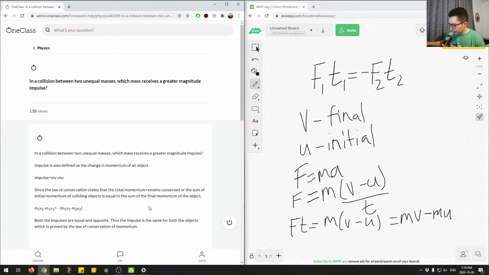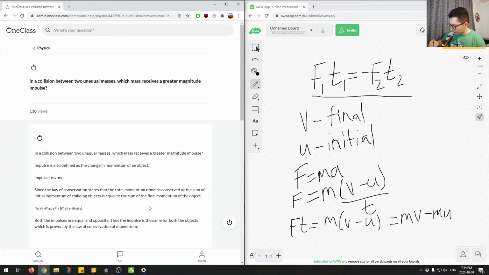Let me just clear up some space over here. This shows how the conservation of momentum happens. Since we have this equation up here, and since we know F1 and F2 are the same, we know that the total momentum will be conserved for the colliding objects.